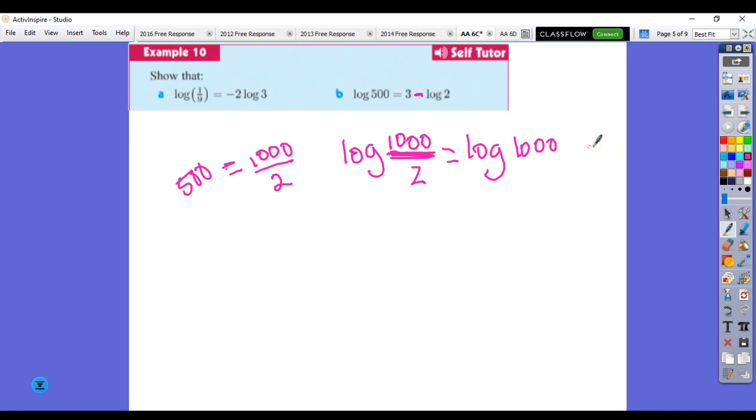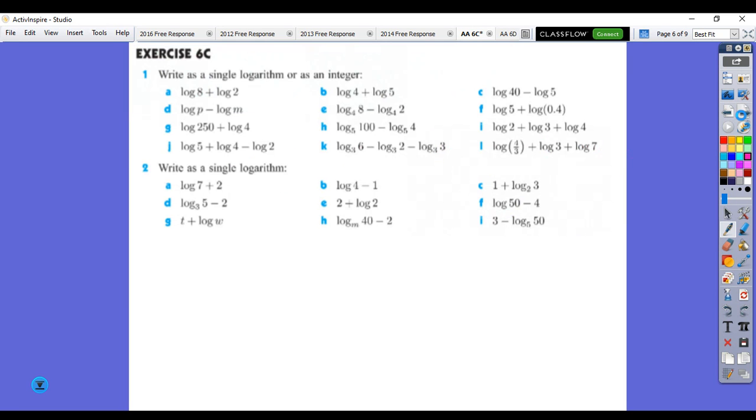Log 1,000 minus log of 2. All right, so we have log of 2. We have the minus. What's log of 1,000? Well, this is log base 10. And 1,000 is 10 to the third. So my bases cancel. And voila. All right. And that's it.